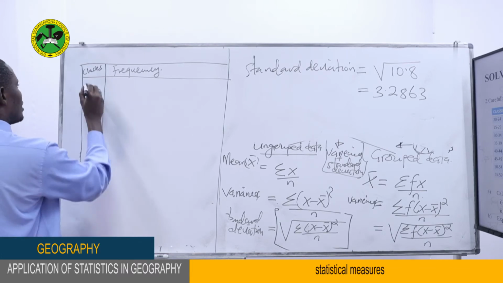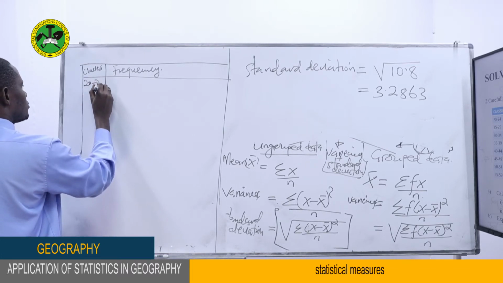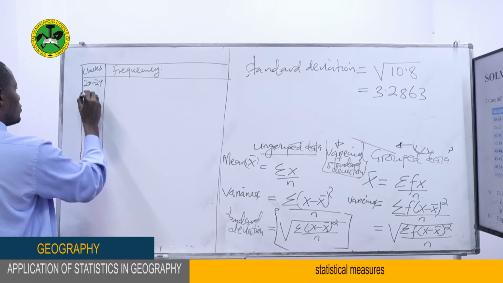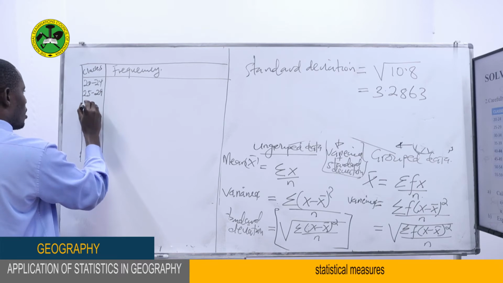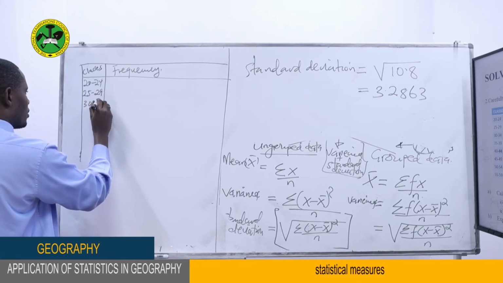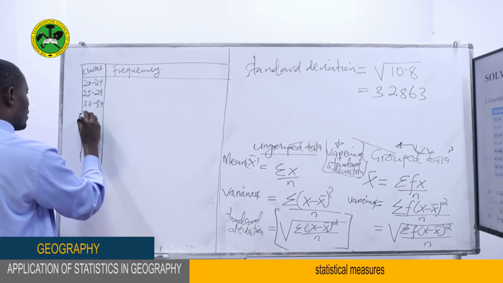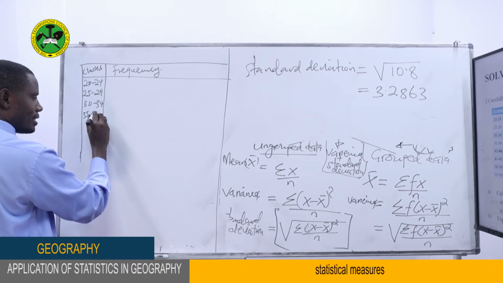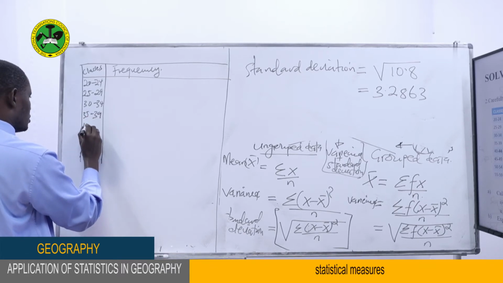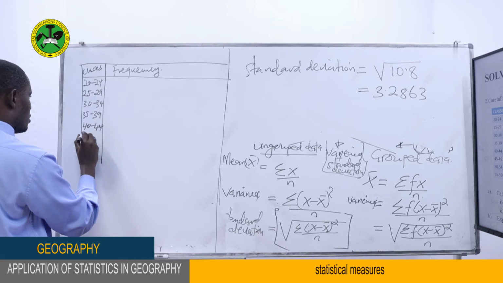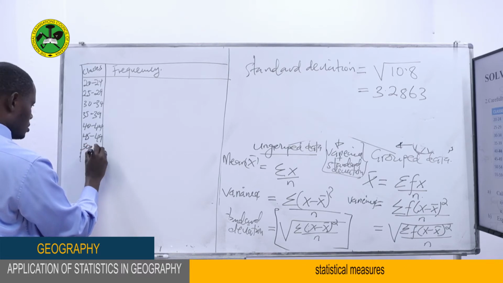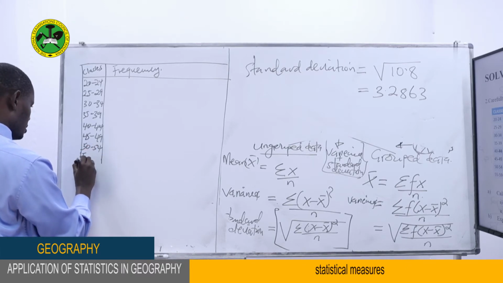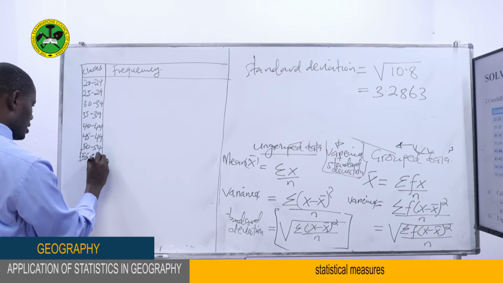The first class is 20 to 24, 25 to 29, 30 to 34, 35 to 39, 40 to 44, 45 to 49, 50 to 54, 55 to 59.